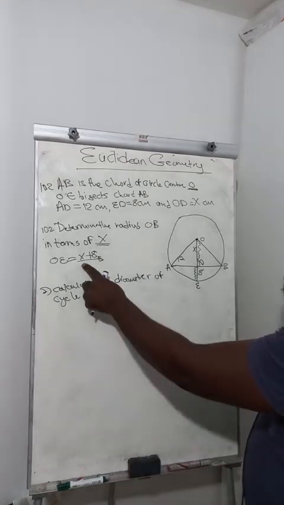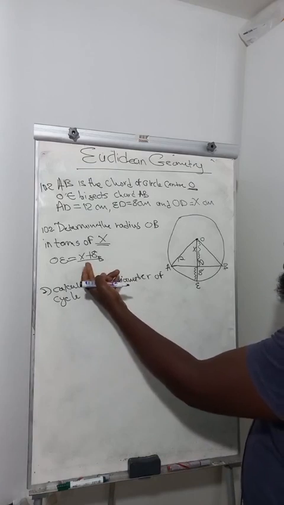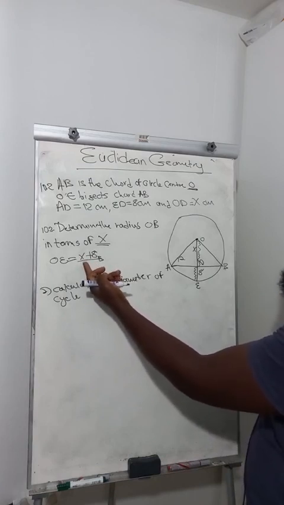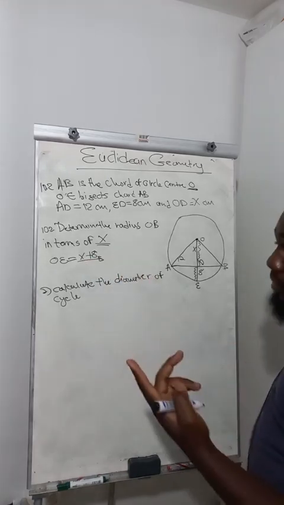Because if you found OE to be x plus 8, it just means here you're going to get the value of x. After determining the value of x, you just multiply this 8x plus 2 by 2.